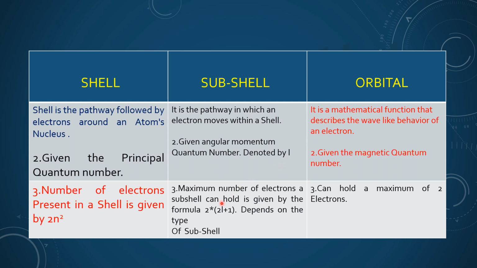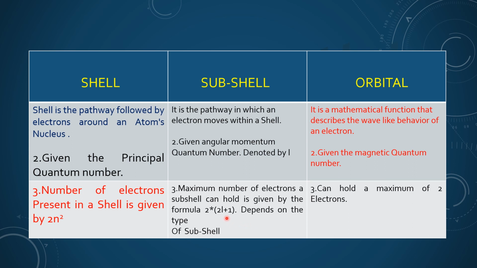Next, the maximum number of electrons a subshell can hold is given by the formula 2 into (2l plus 1). It depends on the type of subshell. For example, take the case of first shell. In first shell, one subshell is present. So here l value is 0 for the first subshell.